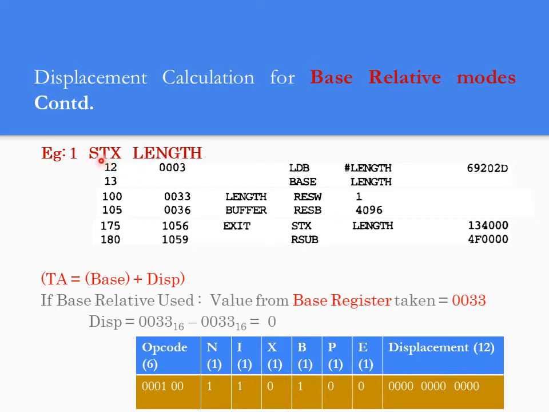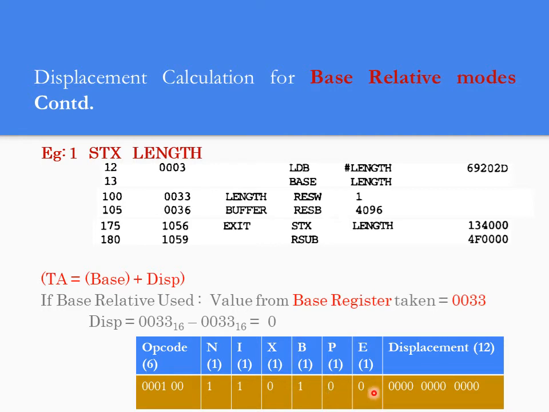So the opcode for STX, if you look at the appendix, you will get it as 10. So in the opcode field, the first 6 bits of 10 will be stored. So this is 1 followed by 0, 0. The last 2 bits are not stored. Then under N and I, you are storing 1 and 1 as it is neither indirect nor immediate. Then the indexed mode is not used. Base relative is used, hence you have a 1 here.